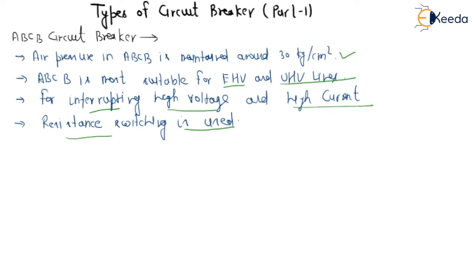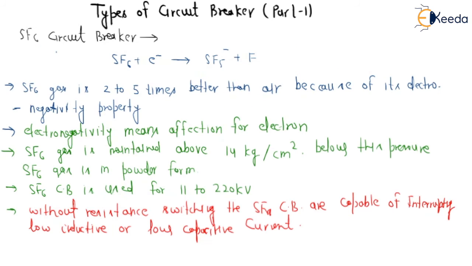Now we are going to study the SF6 circuit breaker. The SF6 circuit breaker is 3 to 5 times better than air because of its electronegativity property. What is the electronegativity property? It means affinity for electrons. You can see from the equation what happens when the circuit breaker contact opens and the arc is present, meaning electrons are present.